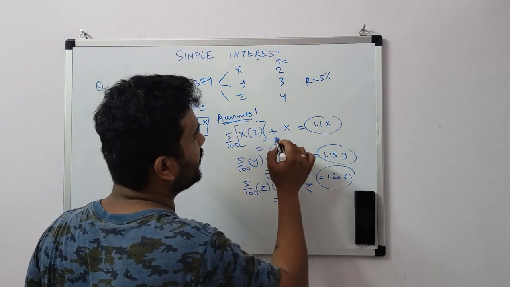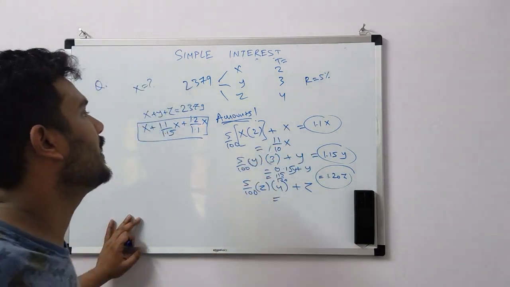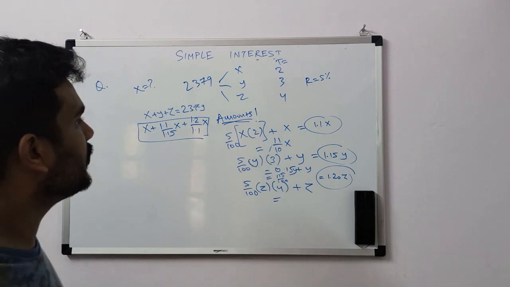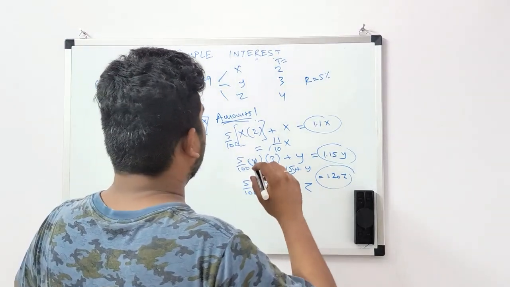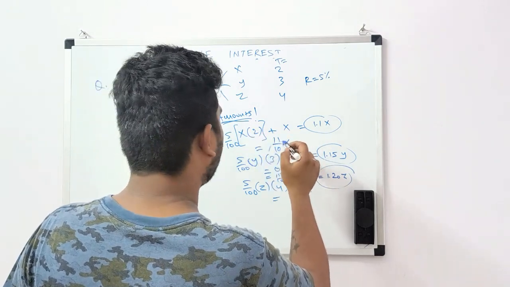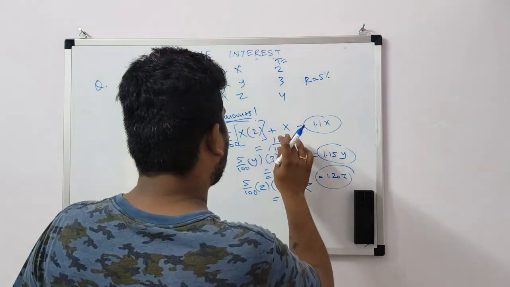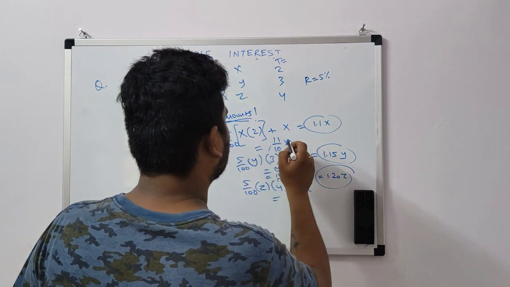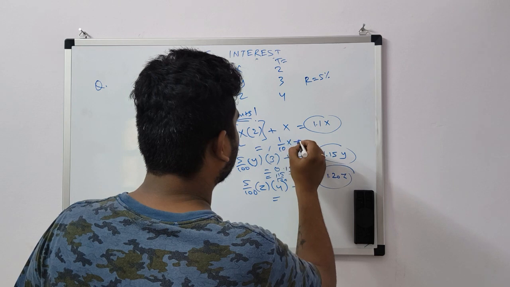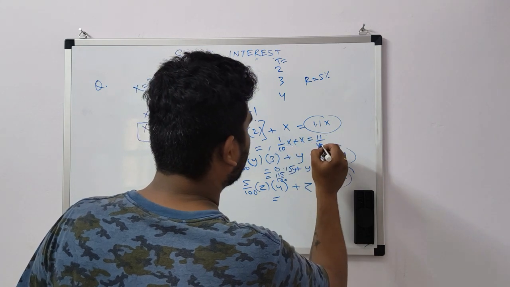So this is 1 upon 10 x plus x. Okay. In fact, I know how to make it simple. So let's see, if I do it like this, x upon 10, this is 1 by 10 x plus x, which is 11 upon 10 x.